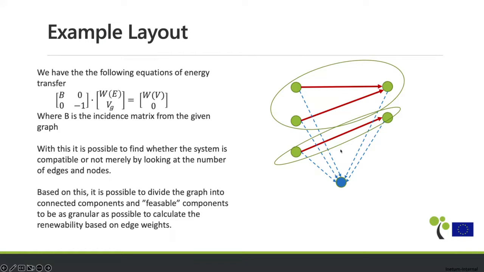But also you have two separate components which are bipartite in nature, not taking into account, of course, the grid element which connects them all. We can define those two components as different feasible components in trying to draw the share of energy based on them. That way, the system should be able to separate the equations based on this layout and produce the outcome of the system.